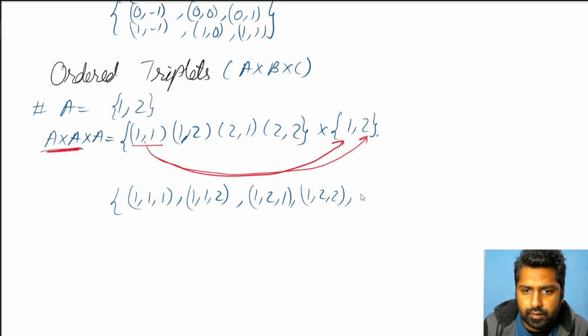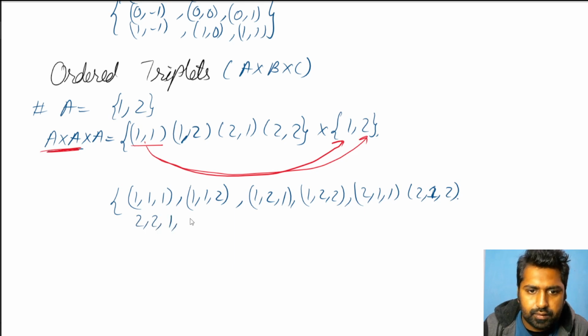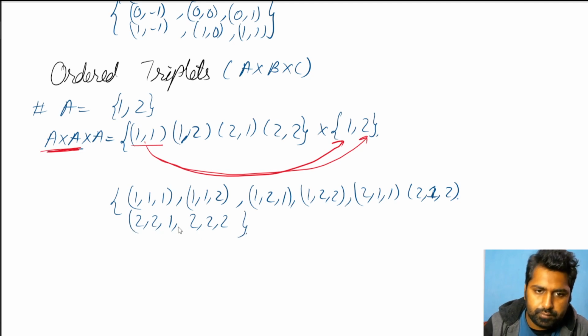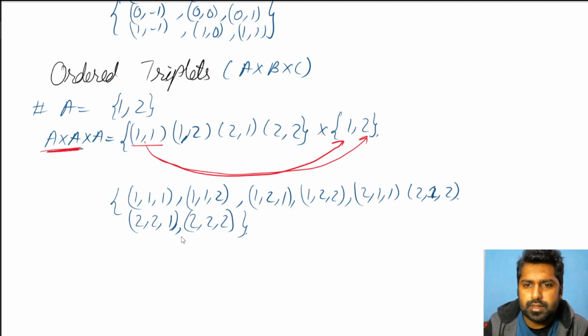Similarly for 2 comma 1: 2 comma 1 comma 1, 2 comma 1 comma 2. Lastly, I'll write here 2 comma 2 comma 1, 2 comma 2 comma 2. These are your ordered triplets. Again, the purpose is to represent a point in 3D, x, y, z.